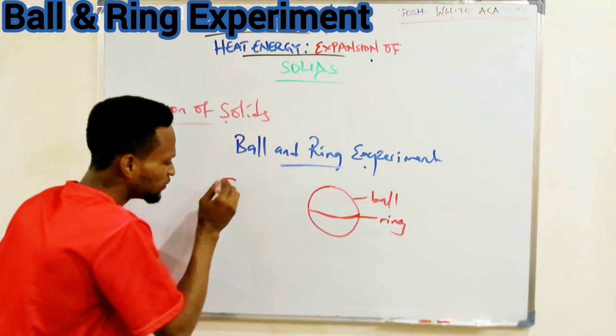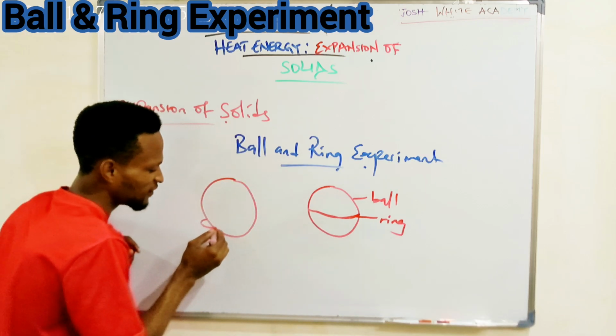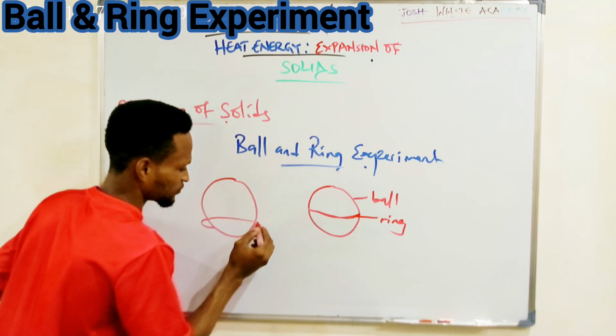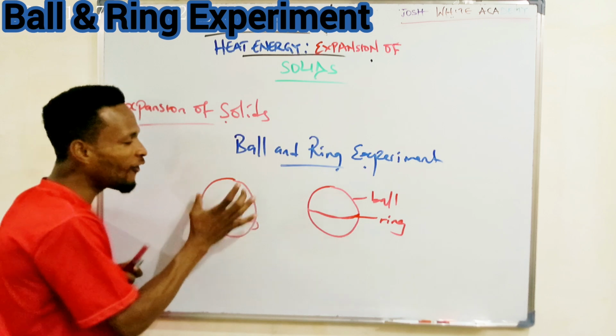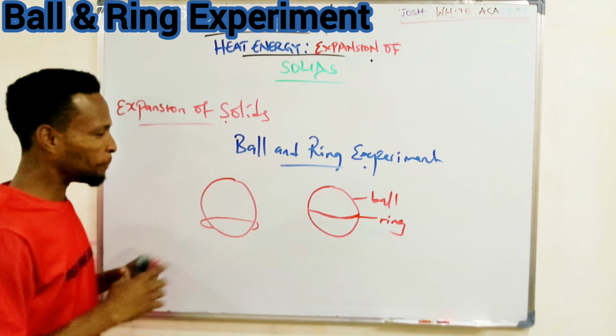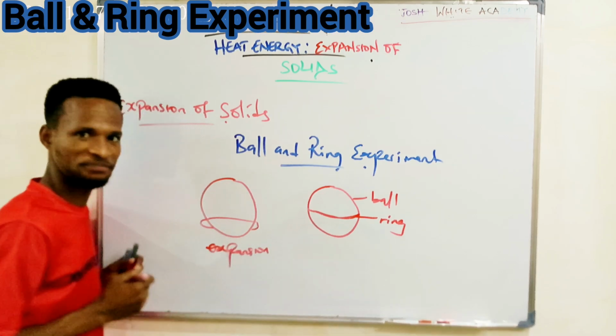Now, the ball can no longer pass through the ring because of what? Expansion has happened.